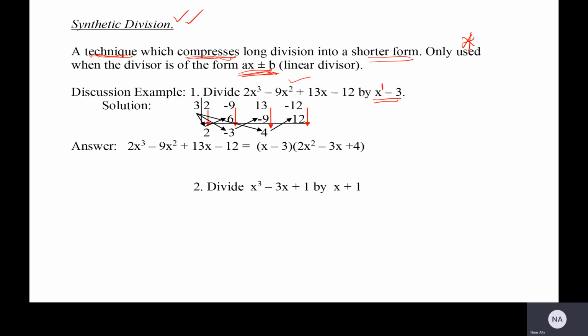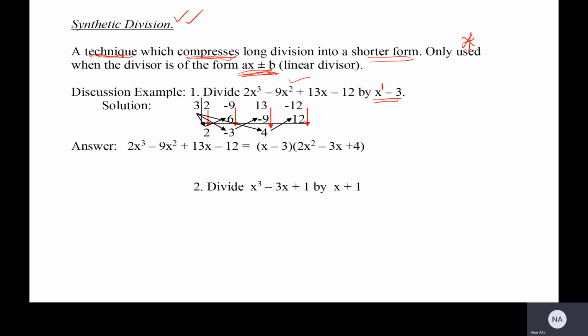When the coefficient of x is 1. Think of the equation of a straight line. What's the equation of a straight line? y is equal to mx plus c. That's why we call linear any expression in which the power of the variable is 1. So here we have a linear divisor of x minus 3.